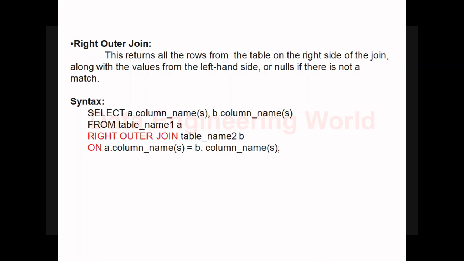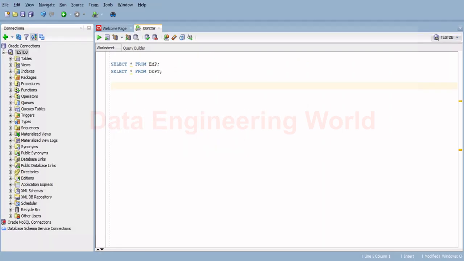Let's look at the examples of right outer join also with the same tables, employee and department. So here we have a query to perform right outer join between employee and department tables.